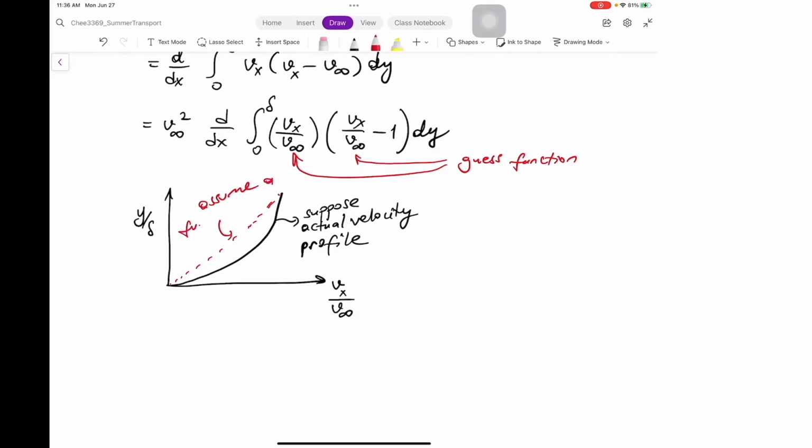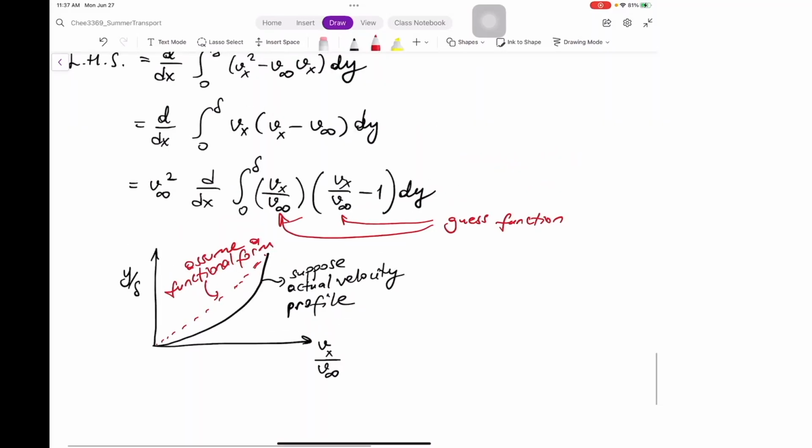Assume a functional form, right? What it tells you is that the assumed functional form is going to have some error associated to that, right? But because we are integrating this times 1 minus this, or this minus 1, it doesn't matter, the error is going to be something like positive error accompanied by a negative error, which should actually partly cancel, right?